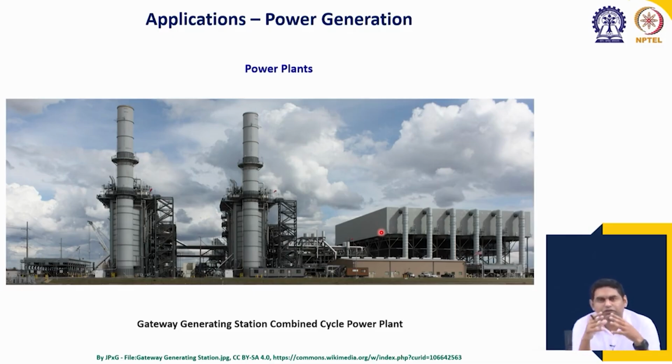They are also used combined with steam turbine plants, as part of thermal power plants. These are known as combined plants or combined cycle plants.